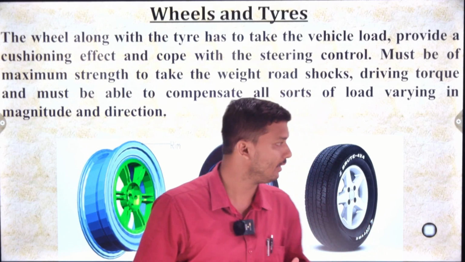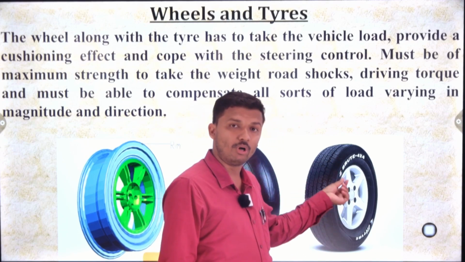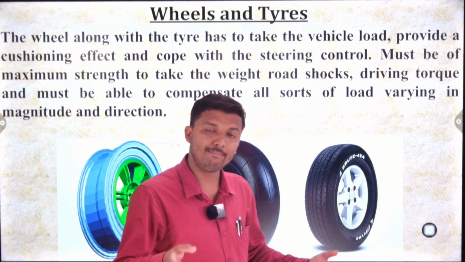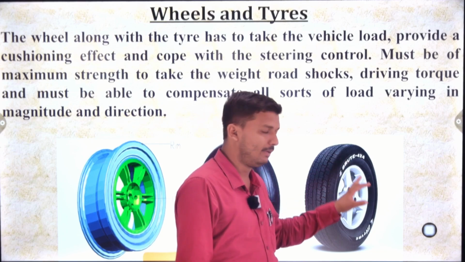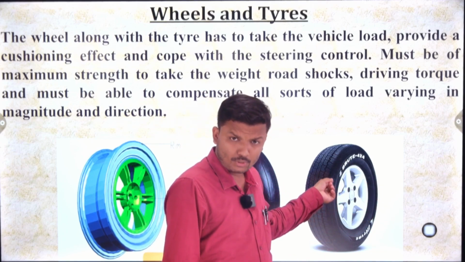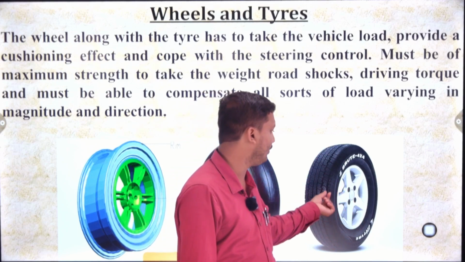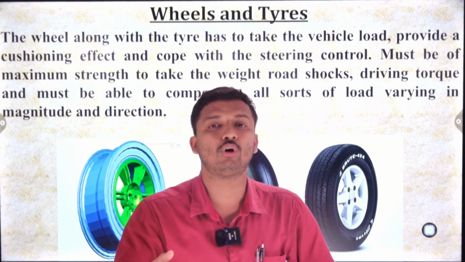That means, in the tubeless tire, a number of layers are manufactured and fixed inside the tire. So what happened? When there is any puncture, any hole or any sharp material, or any wear takes place in the wheel, suddenly the air will not get out, or suddenly the tire does not get punctured.